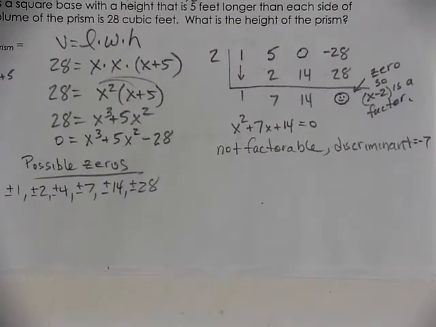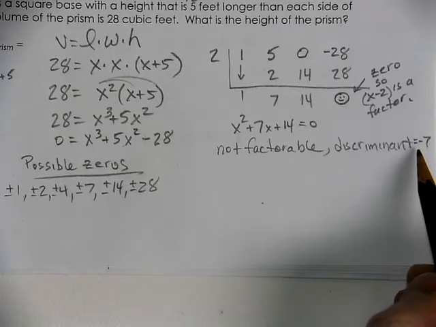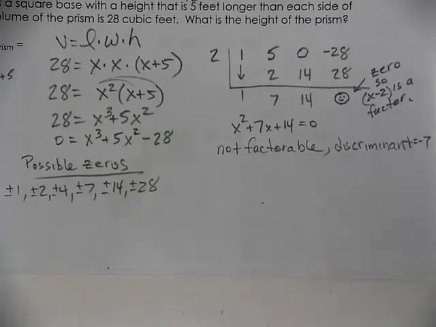What does that tell us about the quadratic formula? That tells us that if we use the quadratic formula, we'd get a negative 7 under the square root. And if you take the square root of a negative, you get an imaginary answer, and that means that there's no real solutions using that quadratic.